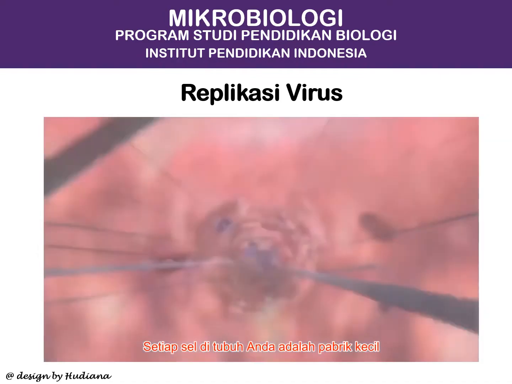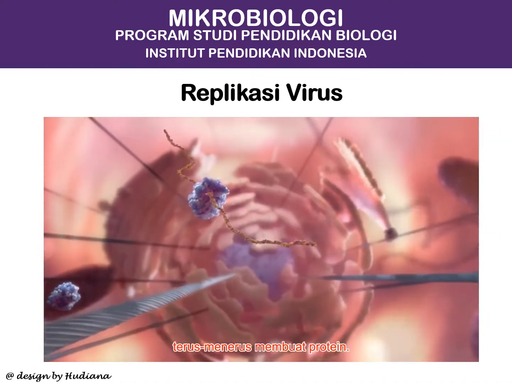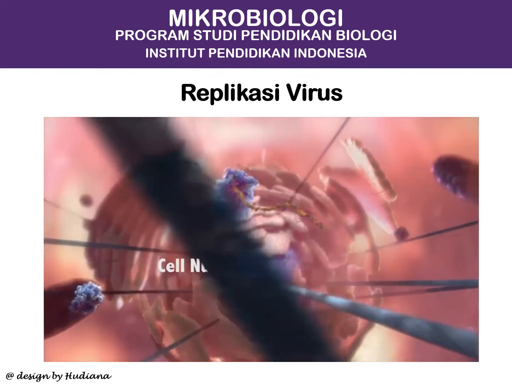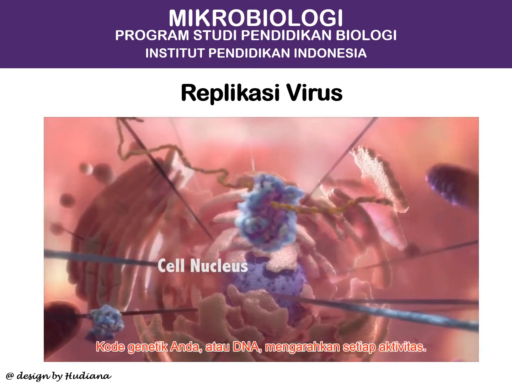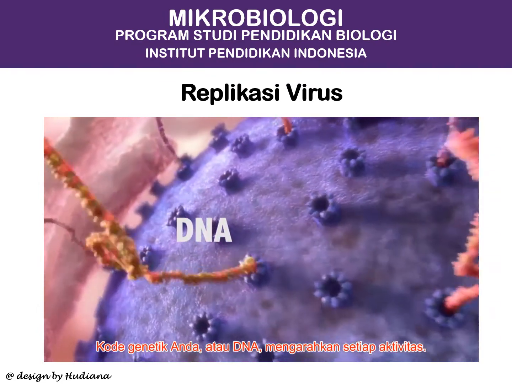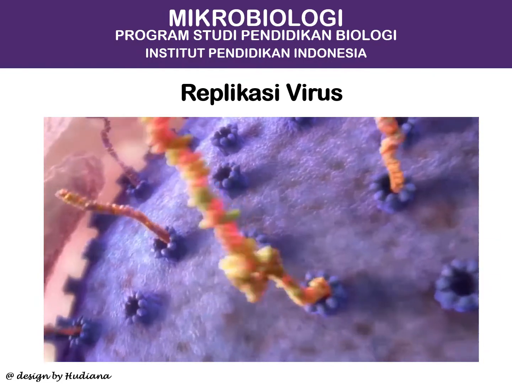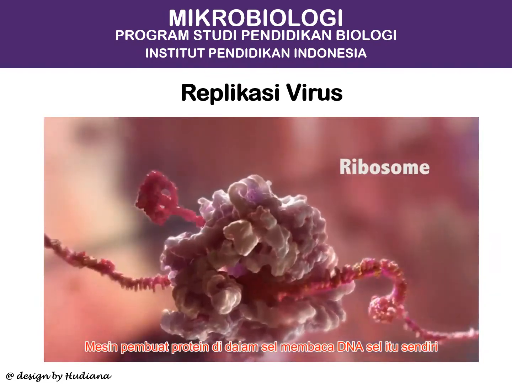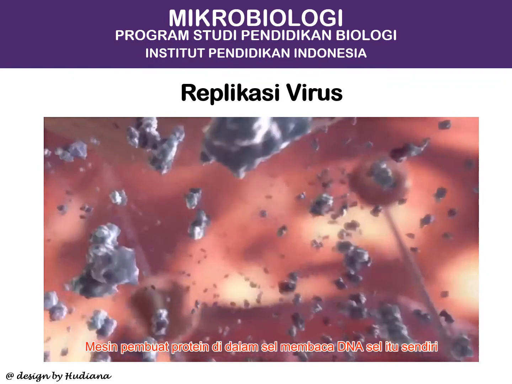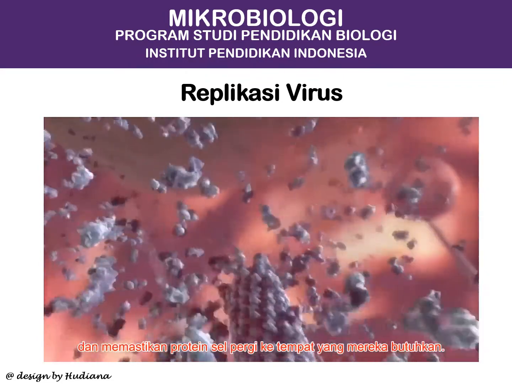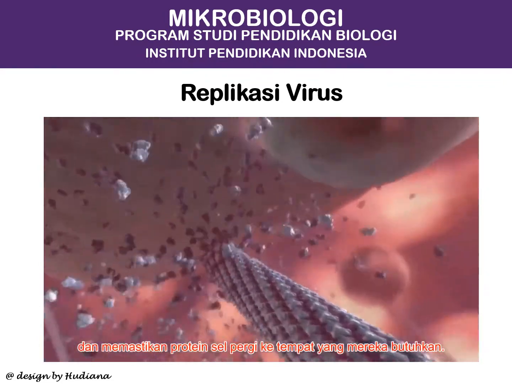Every cell in your body is a tiny factory, constantly making proteins. Your genetic code, or DNA, directs every activity. Protein-making machinery in the cell reads the cell's own DNA and makes sure the cell proteins go where they're needed.